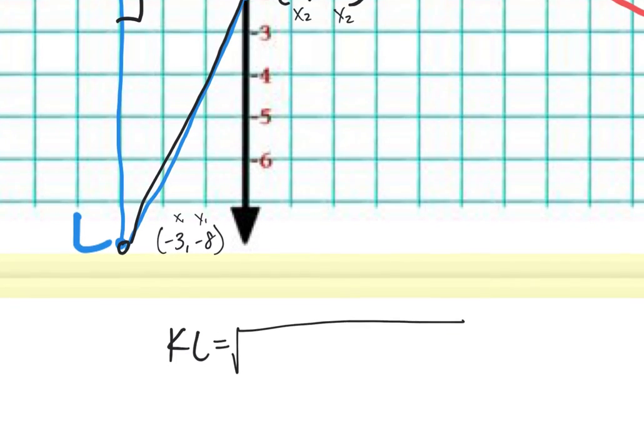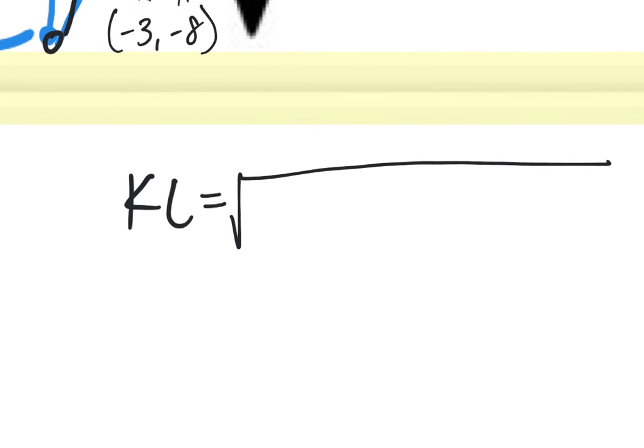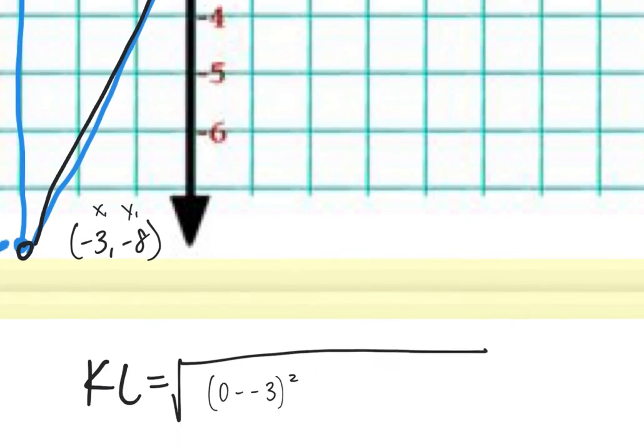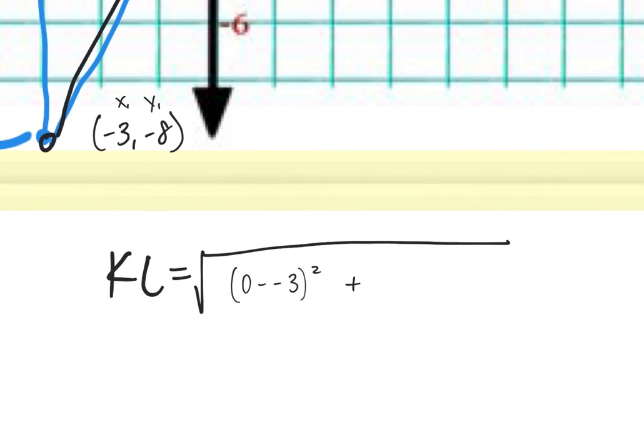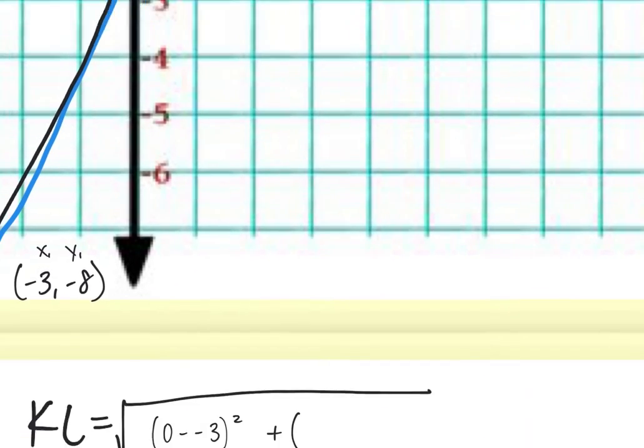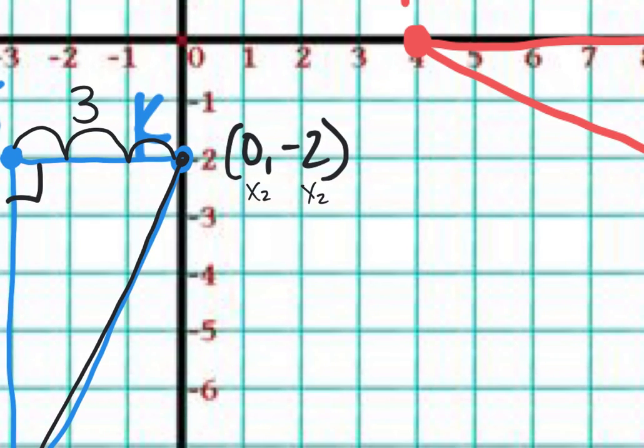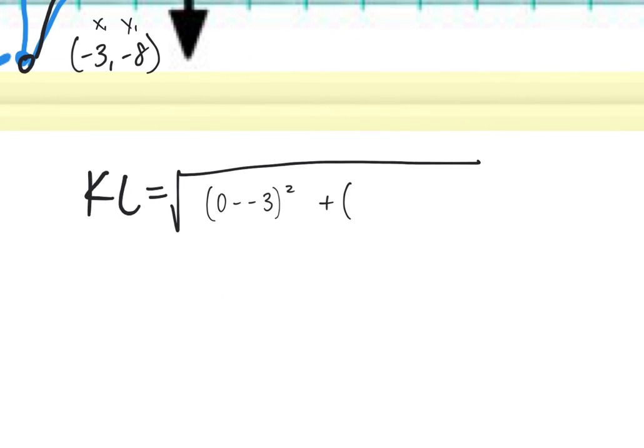And we're going to do x2 minus x1, so 0 minus -3 squared plus y2 minus y1. That's a y, by the way. My handwriting's getting sloppy. y2 minus y1, so it would be negative 2 minus negative 8 squared.